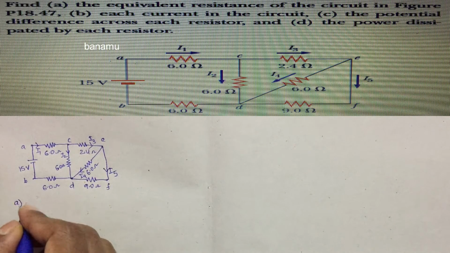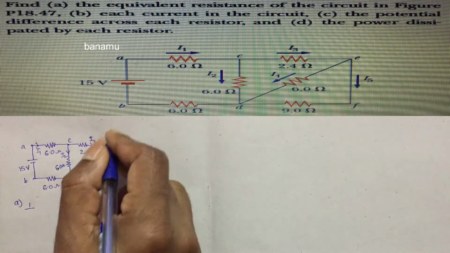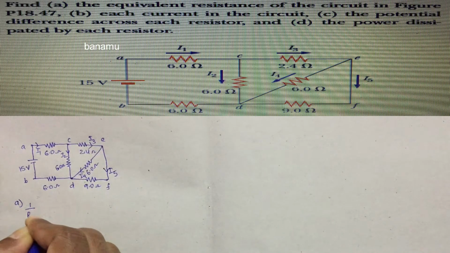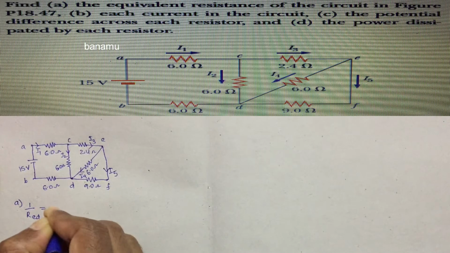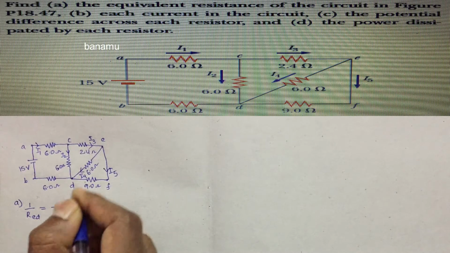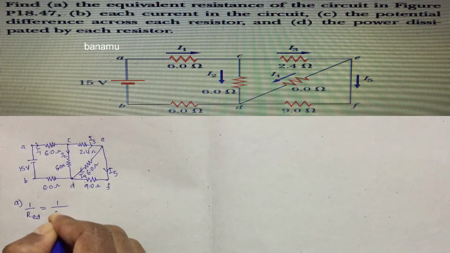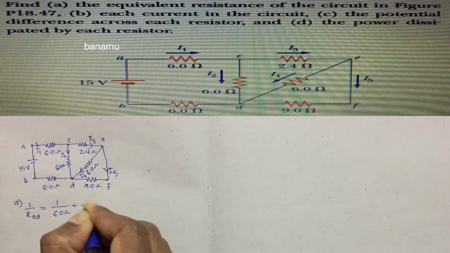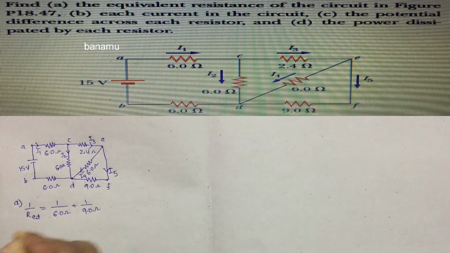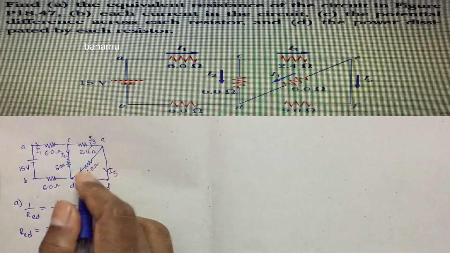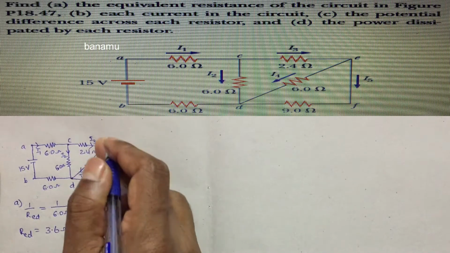So, 1 by R_ED is equal to 1 by 6 ohms plus 1 by 9 ohms. R_ED is equal to 3.6 ohms. This is the equivalent resistance in the parallel circuit between the points E and D.